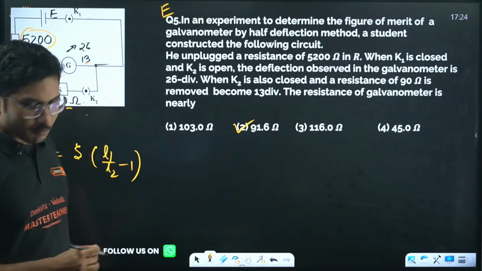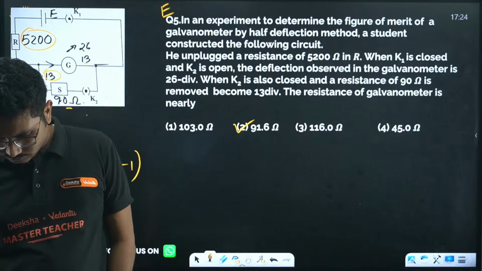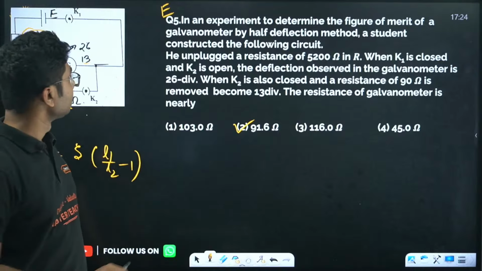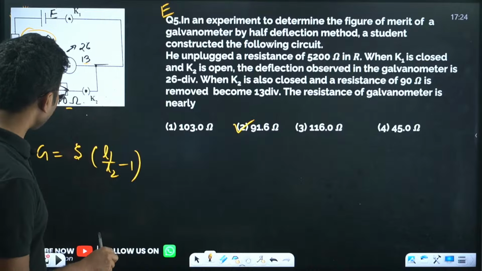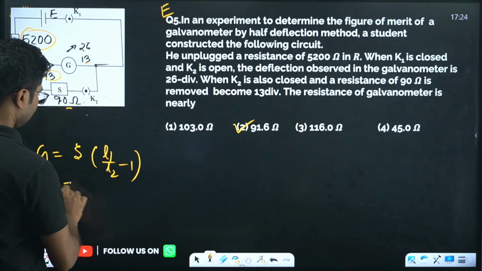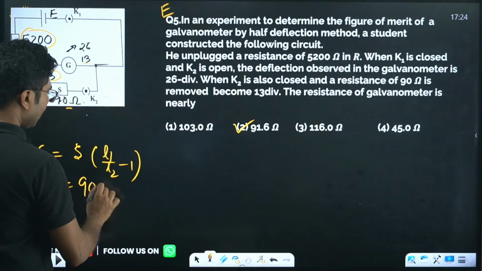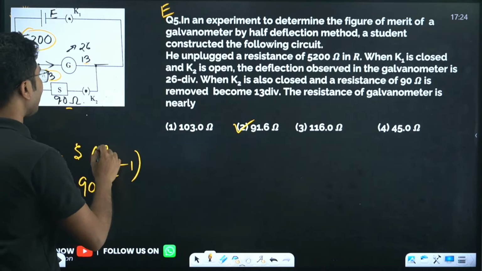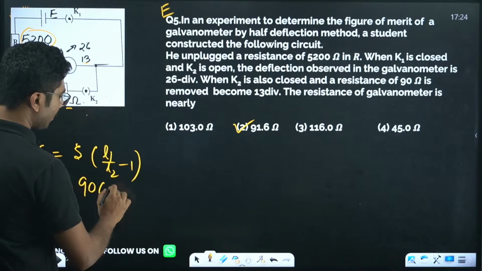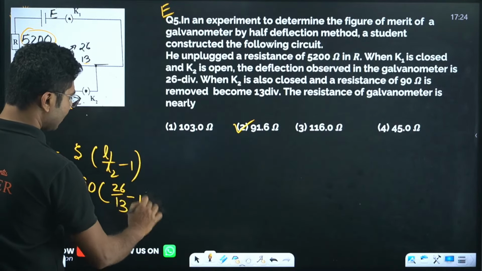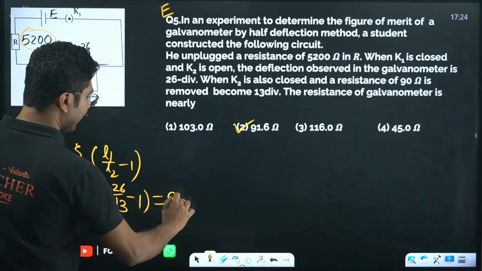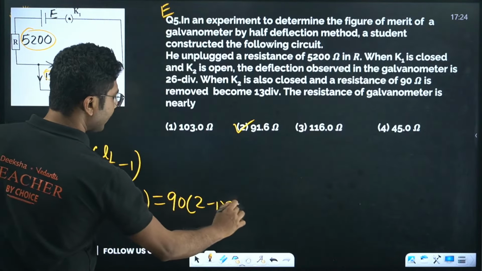You are saying this formula we have to use. Yes. So S is 90. Okay, half deflection method means what? Half deflection method means it will be 2 by 1 minus 26 by 13 minus 1, which will be 90 by 2 minus 1, okay, which is very close to 90.